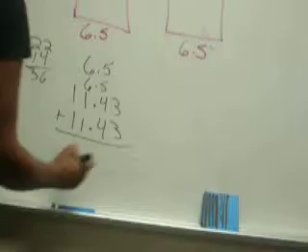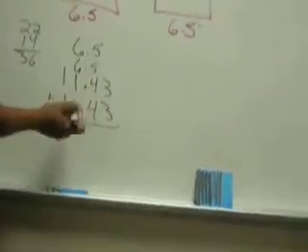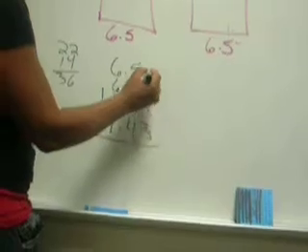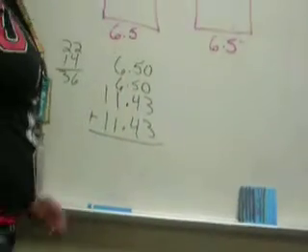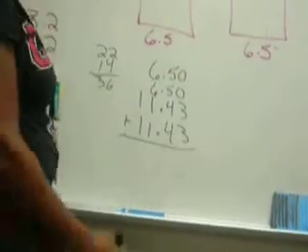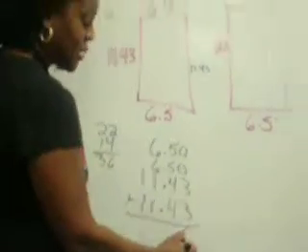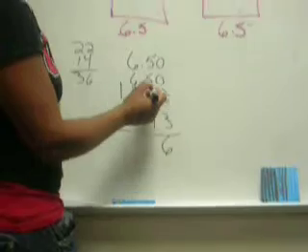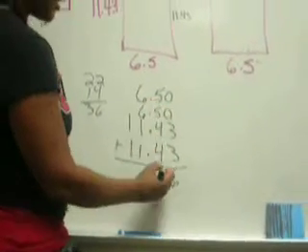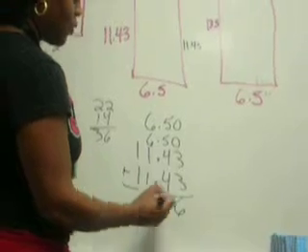Okay, now, I lined all of my decimals up and all of my numbers are lined up. There's nothing right here. Remember that 0 is a placeholder, so I can put that 0 in there. It does not change my number. So 3 and 3 is 6. 4 plus 4 is 8. Plus 5 plus 5, which is 10. 8 and 10 is 18. So therefore, bring my decimal there.